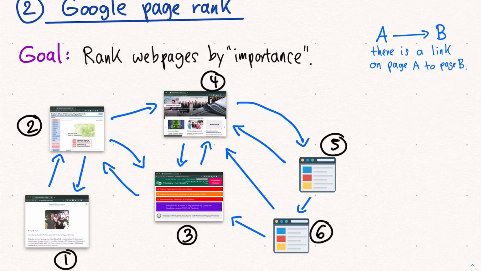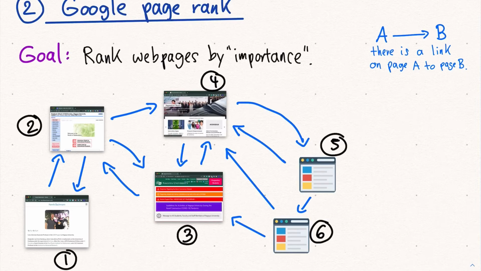But we want to see this just depending on these links. One approach would be to say the page where most people link to is maybe the most important page. For example, here we see that there are 1, 2, 3, 4 links going to this page, and for this other page there's just one link. So it would be easy to just count how many links there are to one page and order them by the number of links.